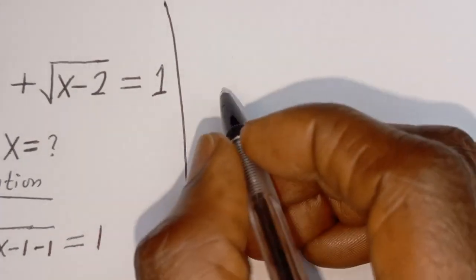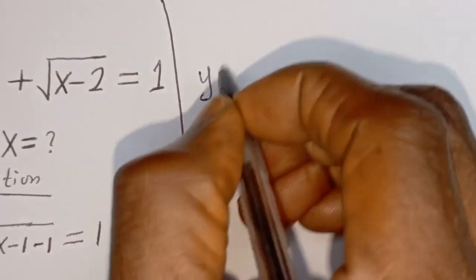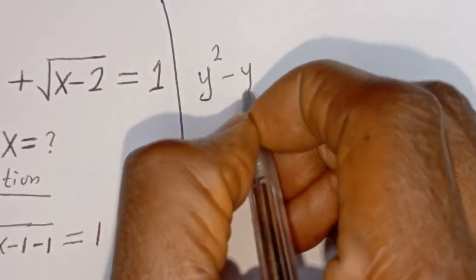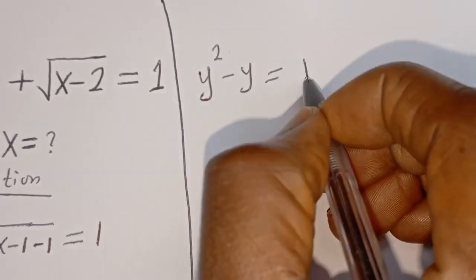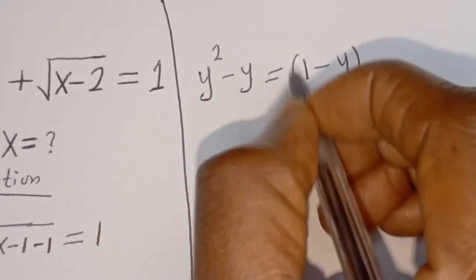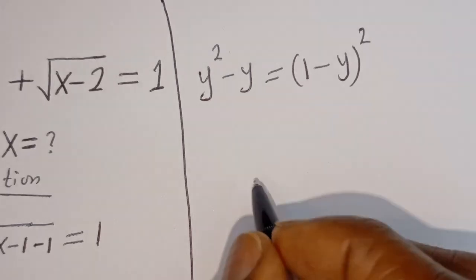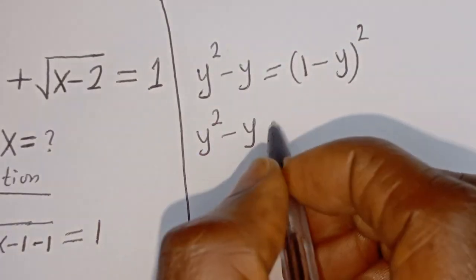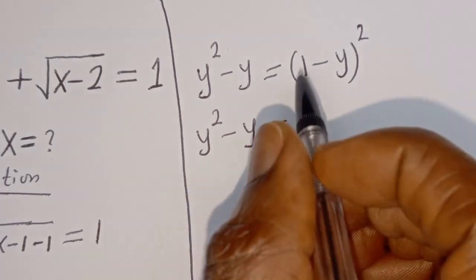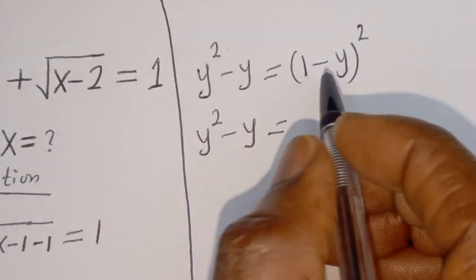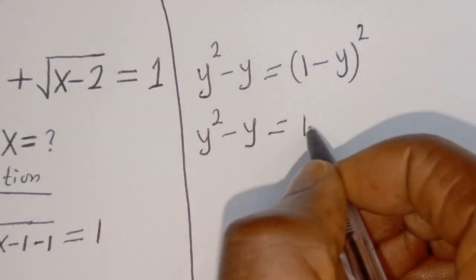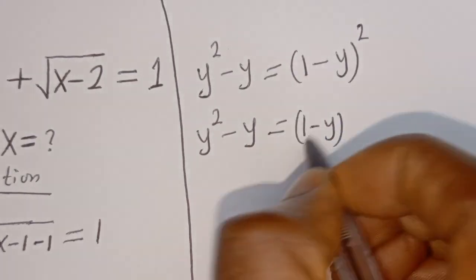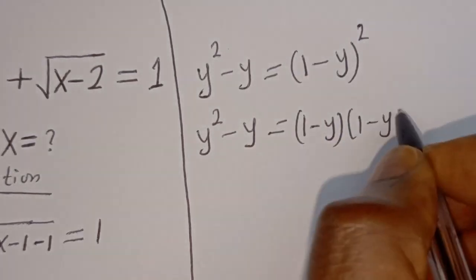Then we have y squared minus y is equal to 1 minus y all squared. So this is y squared minus y is equal to 1 minus y bracket 1 minus y.